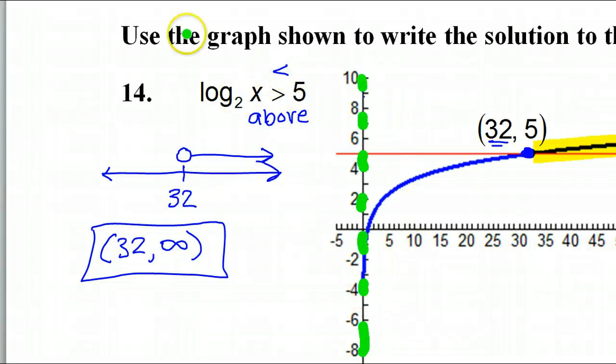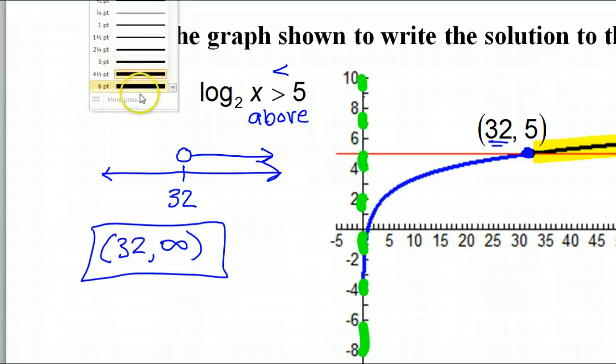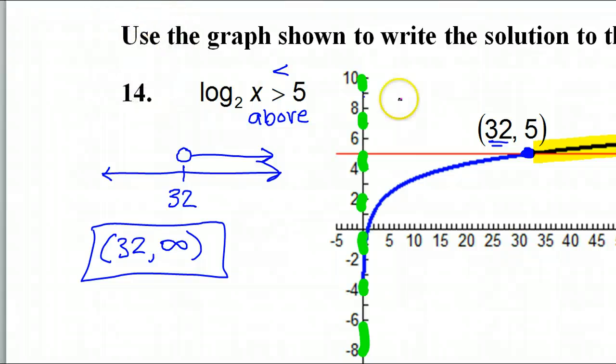If it had been less than, then our interval would have been from 0 to 32, like that. And again, we'd use round on the 0 even, because we don't reach the 0.